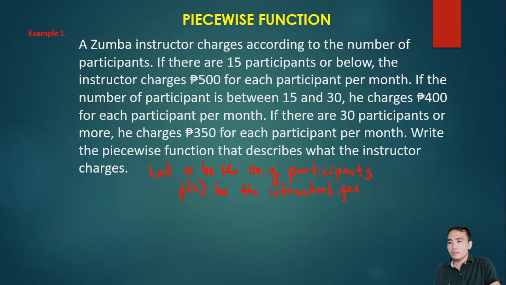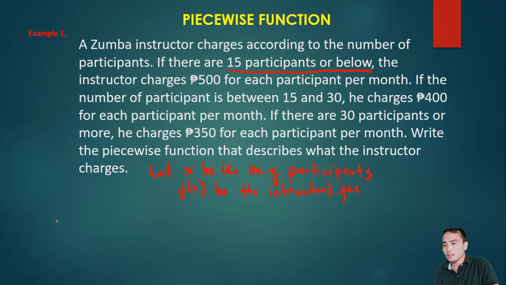So, we have here the first condition. If there are 15 participants or below. Ibig sabihin, kapag daw yung x natin is less than or equal to 15, you are going to pay 500 pesos per month. 500 pesos for each person per month.